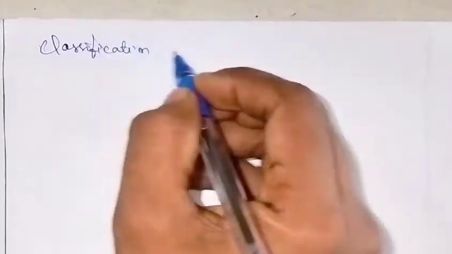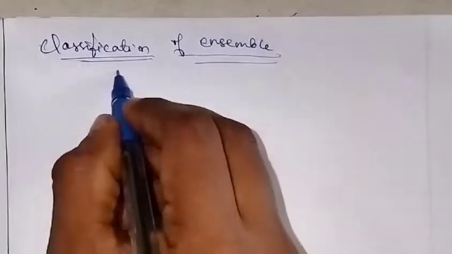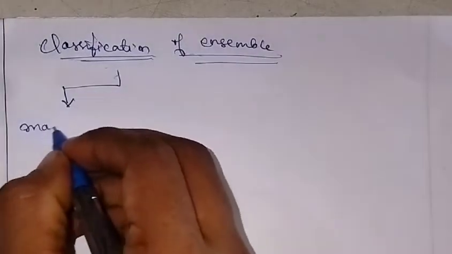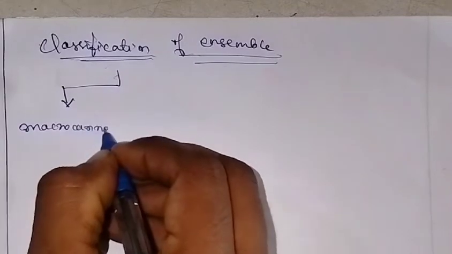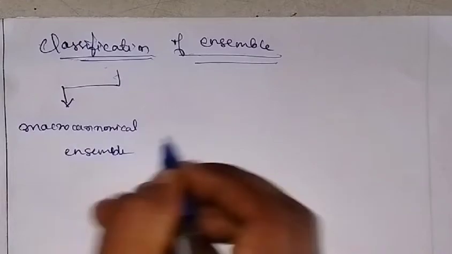Classification of ensemble. There are mainly four types of ensemble. The first one is the microcanonical ensemble.